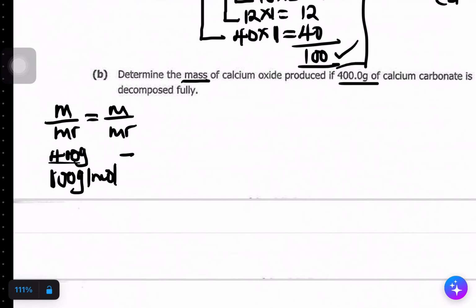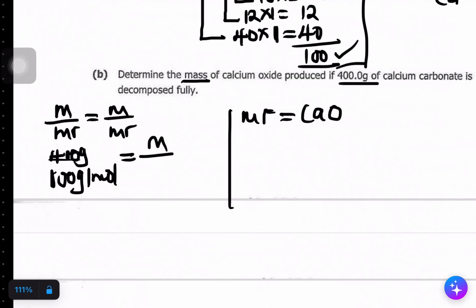On the other side, we don't have the mass, but we can find the molar mass of calcium oxide. The mass number for calcium is 40, and the mass number for oxygen is 16.